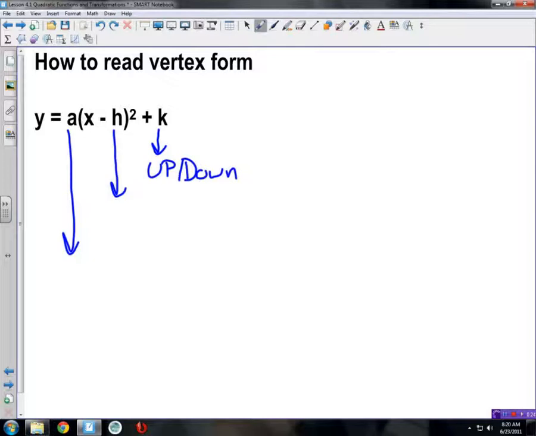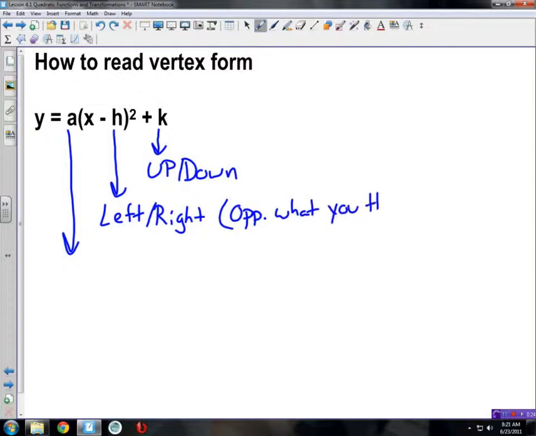H is going to control our left, right. But remember, it's opposite of what you think. Which means if it's a negative number, it's going to be going to the right. If it's a positive number, it's going to be going to the left.